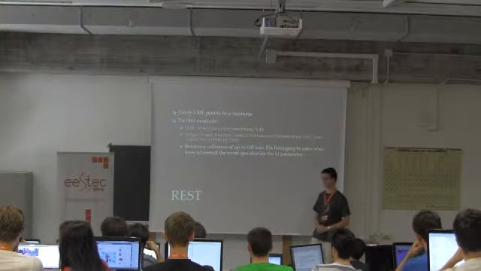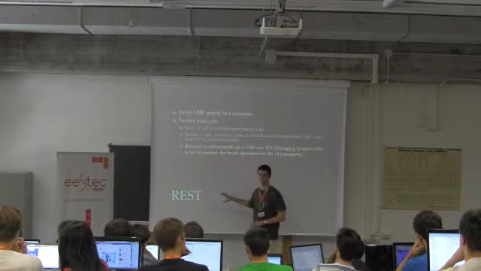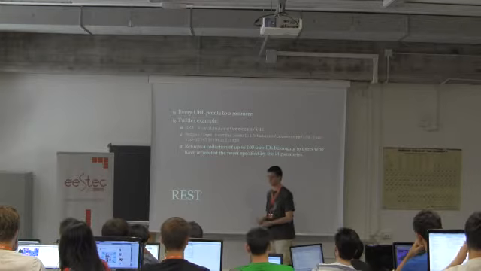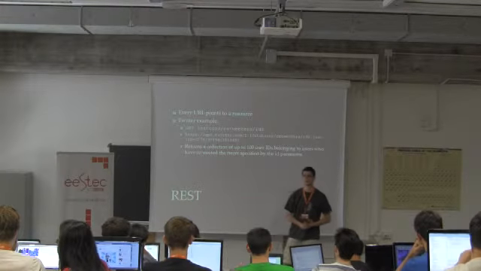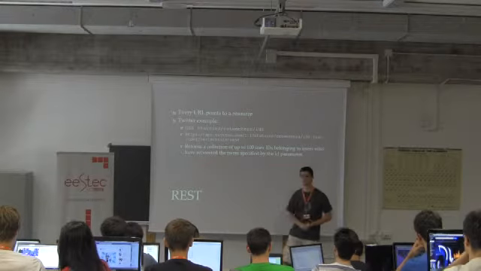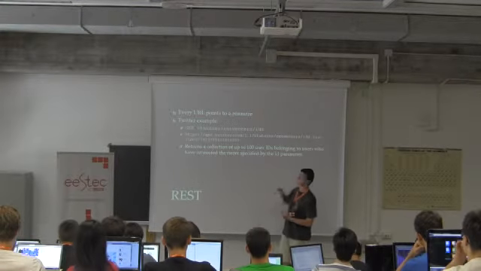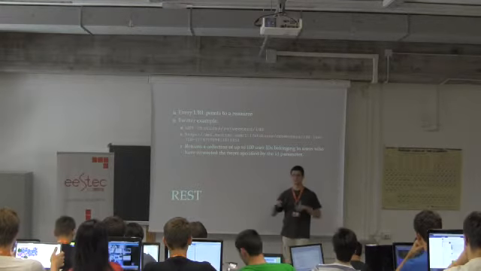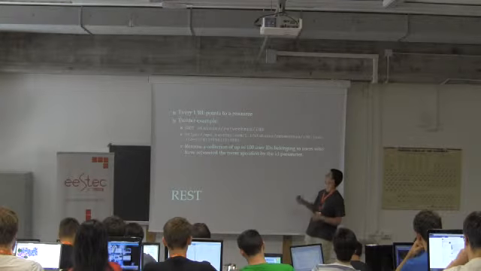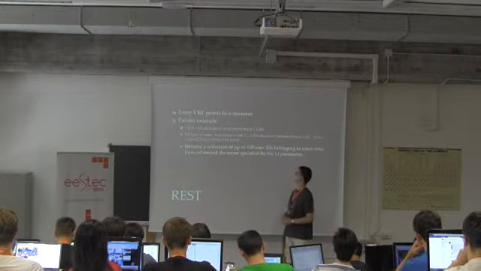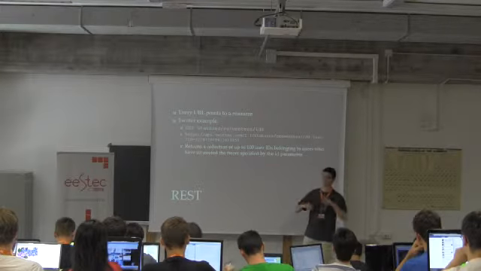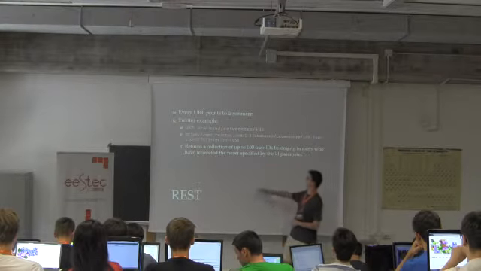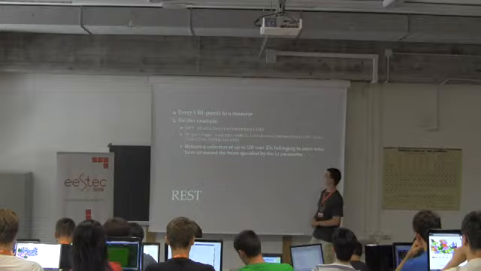But what it's about, I mean, it's not a protocol. In fact, it's more like a type of architecture where every URL points to a specific resource. Like we have the Twitter example here. When we ask for statuses slash retweeters slash IDs, it means that we want the IDs of the retweeters of a status. The description is taken from the Twitter API right here.